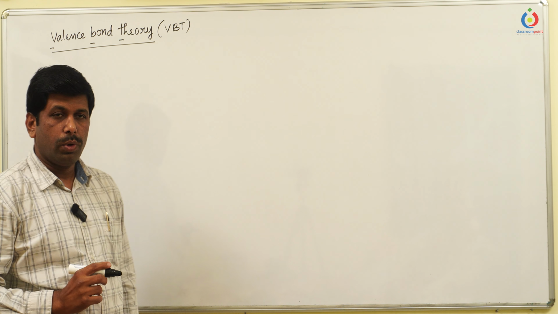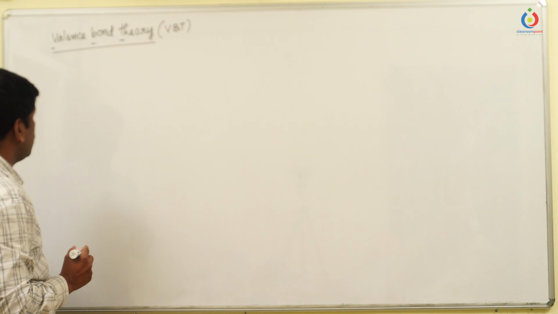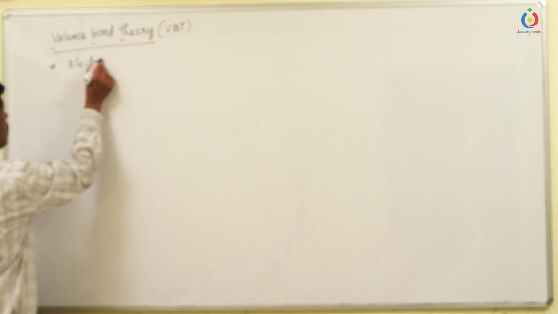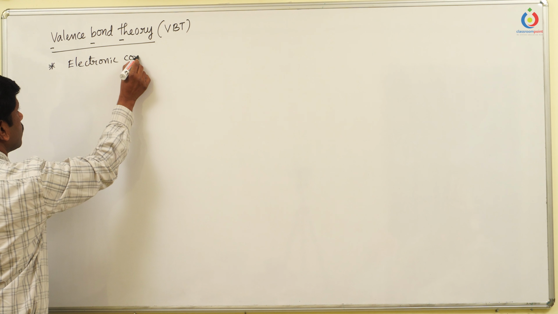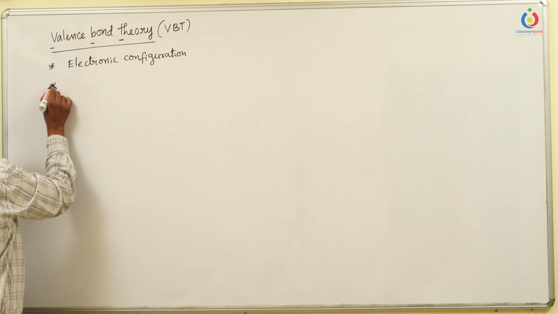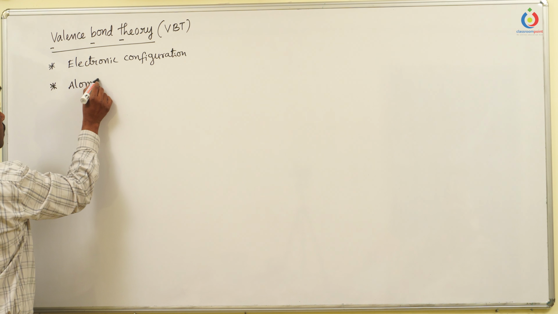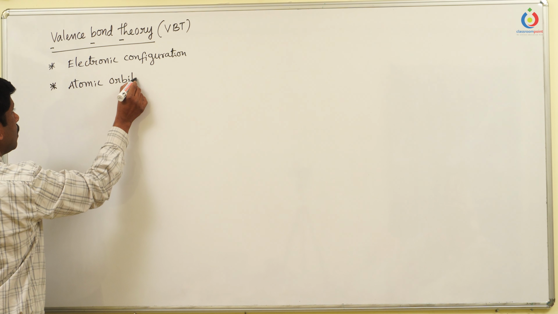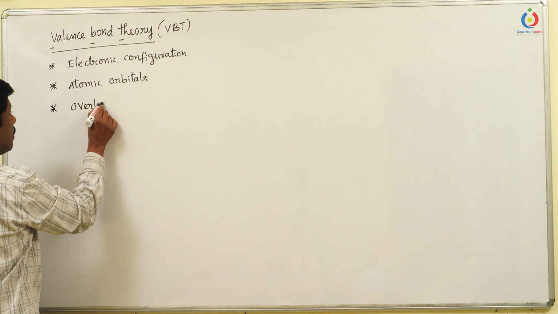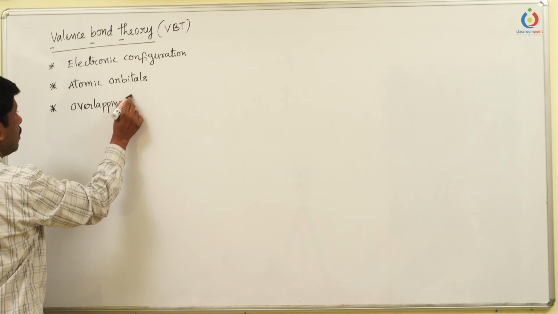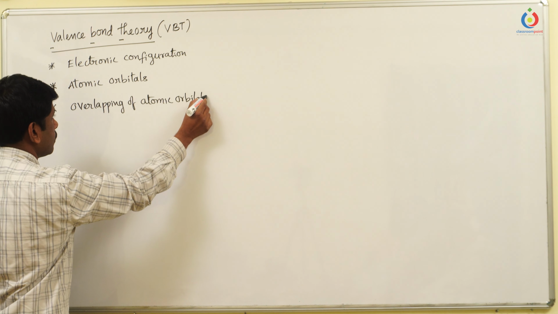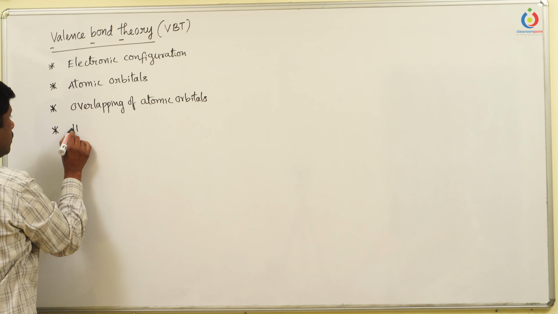To know the valence bond theory, we must have knowledge of certain information, that is electronic configuration, atomic orbitals, overlapping of atomic orbitals, and hybridization.